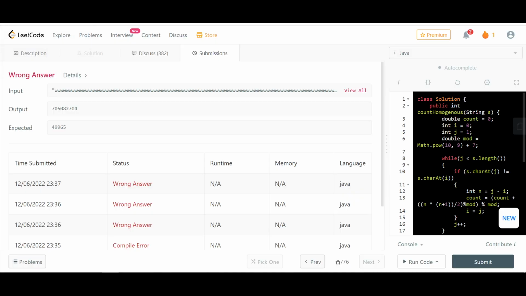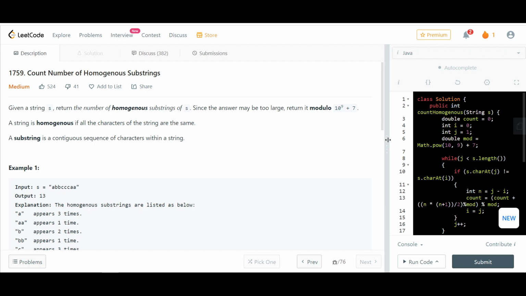Okay, I guess this is a tricky one. It is testing the limit only, nothing else. Logic doesn't seem to have any problem as such.